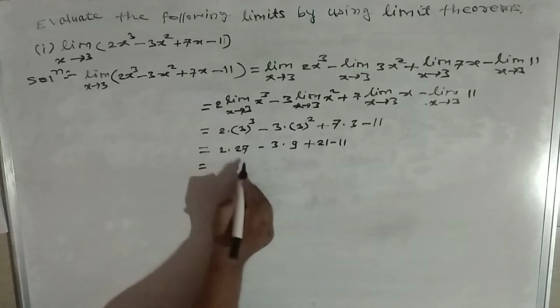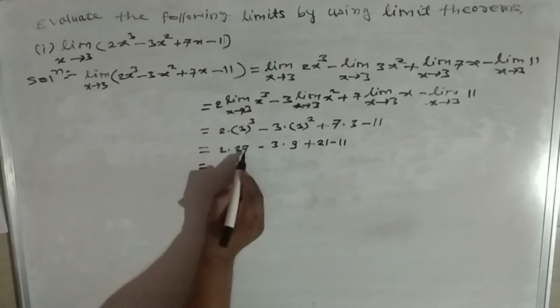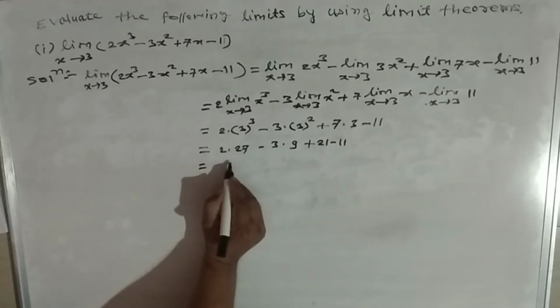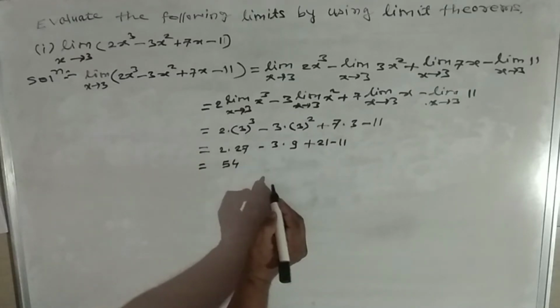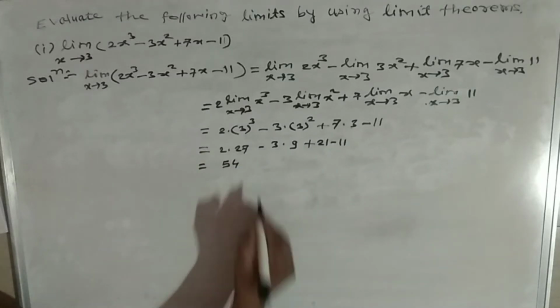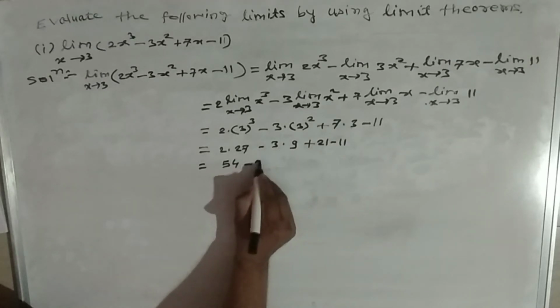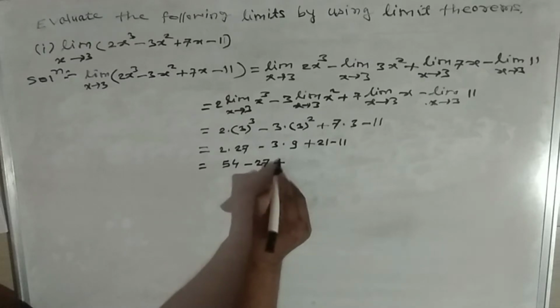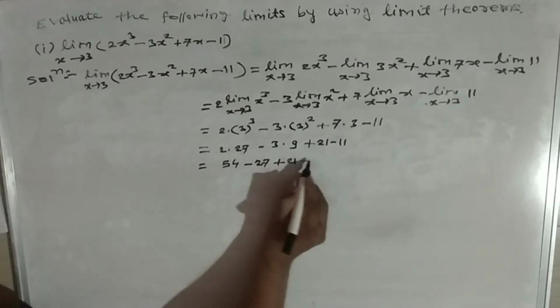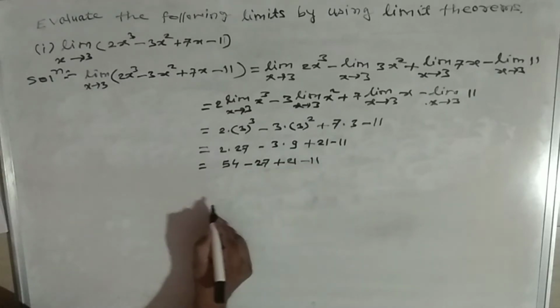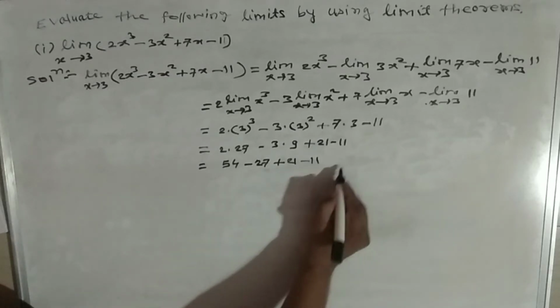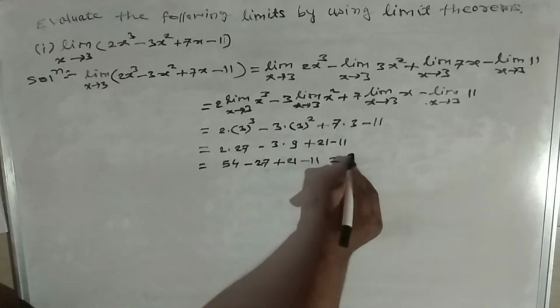So this is equal to 2 into 27 is 54, minus 3 into 9 is 27, plus 21 minus 11. So we get this as 37.